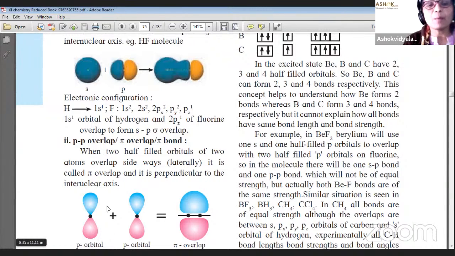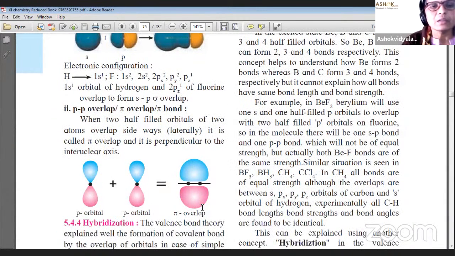Sigma bond is formed by the overlapping of atomic orbitals along their internuclear axis, while pi bond is formed by the overlapping of the atomic orbitals along their side, or you can say lateral overlapping, and it results in the formation of the pi bond.